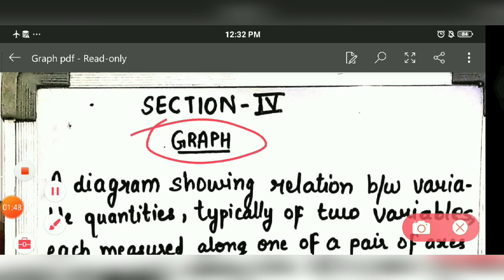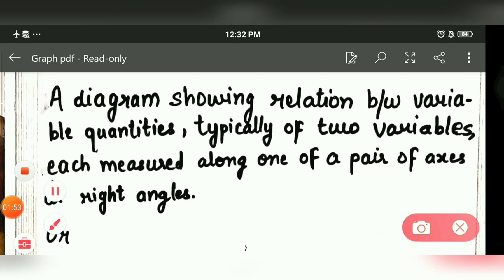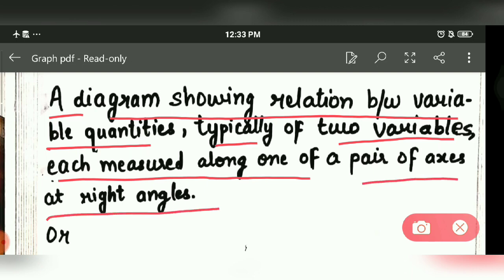Next is graph. Now graph is what? A diagram showing relation between variable quantities, typically of two variables, each measured along one of a pair of axes at right angle. It's saying what? We draw a diagram between two variable quantities.